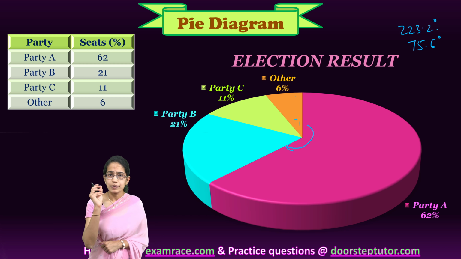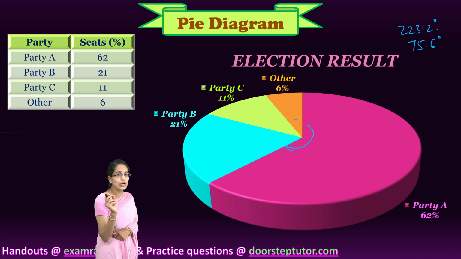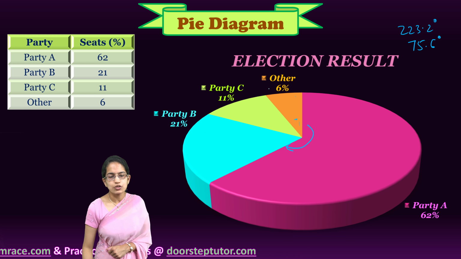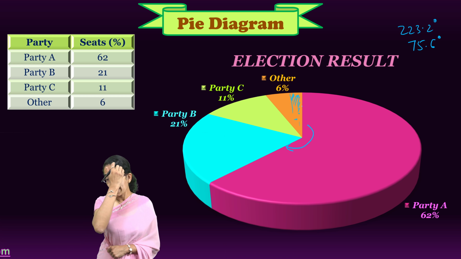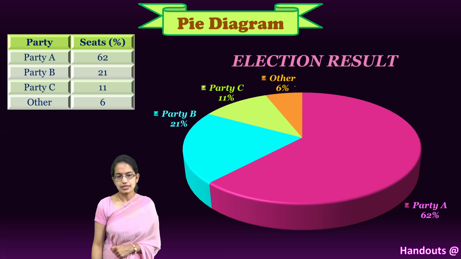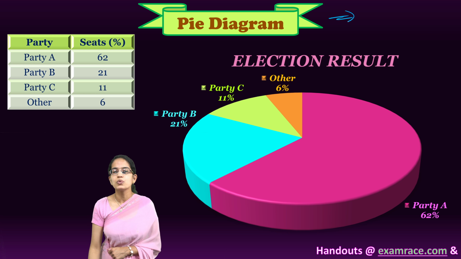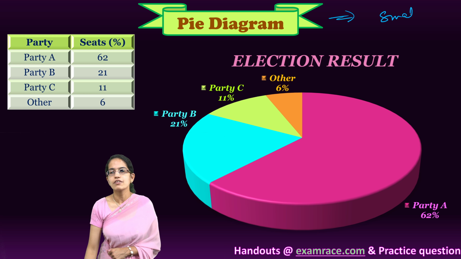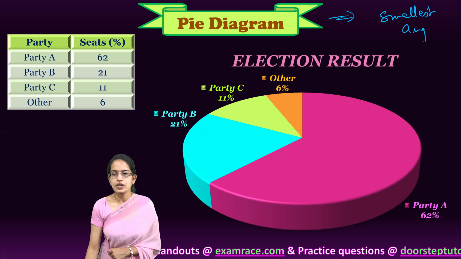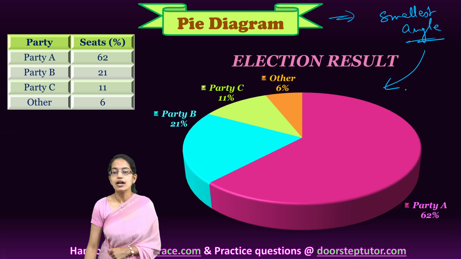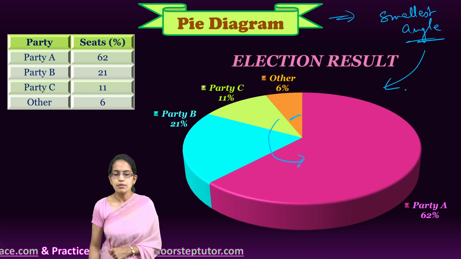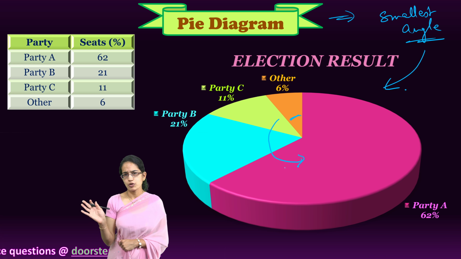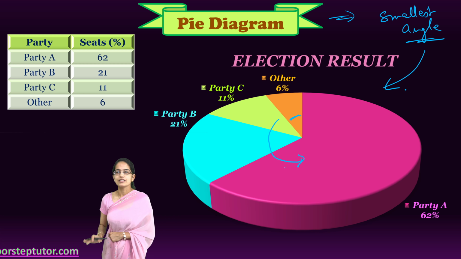If I am not able to exactly locate that 0.6, 0.2, it would lead to a cumulative error, and the others would become a very small region. It would become minute, because of the error that is generated. So as a rule under a pie diagram we start with the smallest angle. We first mark the smallest angle, which is others, and then we move on to the bigger area, and the remaining area would be assigned to the biggest of these.